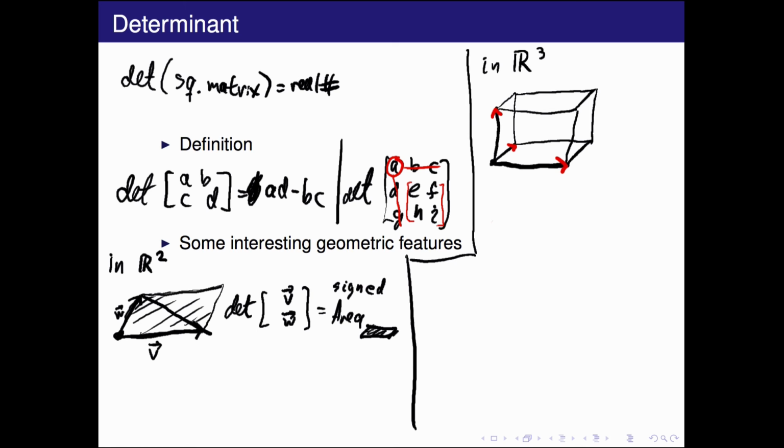So if these are the vectors u, v, w, then the determinant of the matrix that's formed with u, v, and w as the rows, or alternatively as the columns, it turns out not to matter, is the volume. So it's the volume of this entire solid.